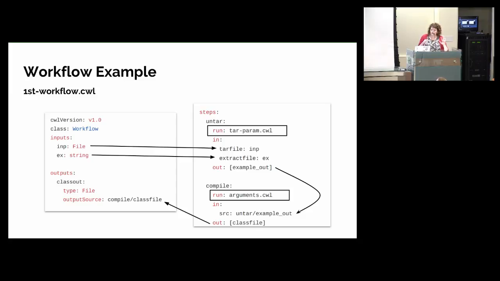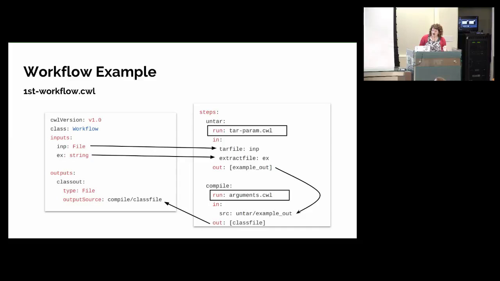So first you say, okay, what's going into this workflow and what do I ultimately get out of the workflow? So define the inputs for the entire workflow and the outputs for the entire workflow. And then you can pass the inputs into one step. So inp and x are going in and getting passed a tar file, an extract file. That step runs. It makes example_out.